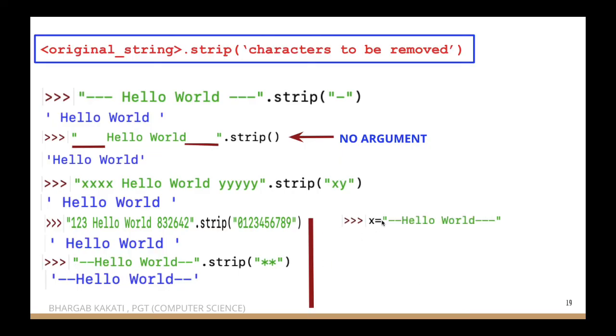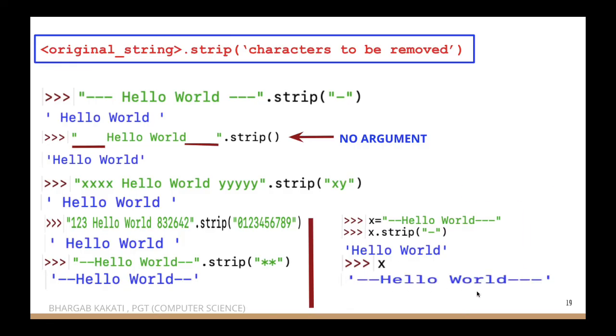Now if I assign the string to some variable, and in the next line if I give x dot strip with that particular character, then I'll get the result as hello world. But if I try to display the original string, I'll find that there is no change in the original string. That's about the strip function.